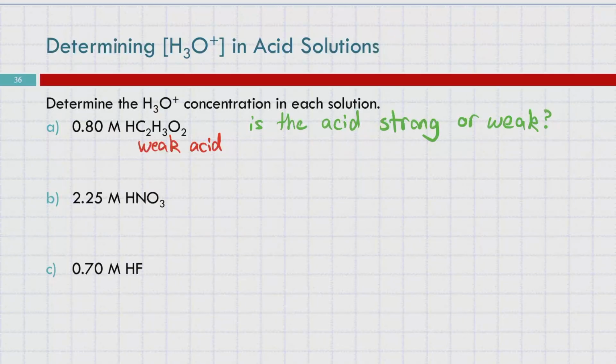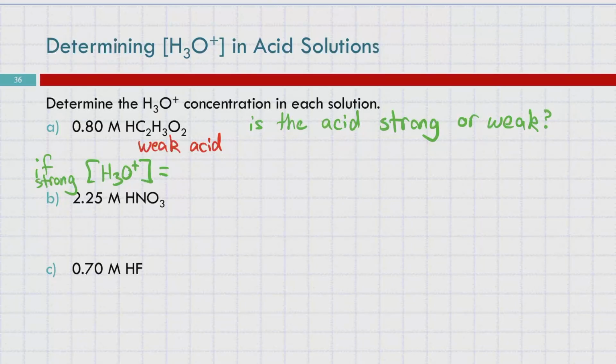What does that mean that it's a weak acid? It partially dissolves in solution. If it completely dissolved, what would be the H plus concentration? How many H's here can go to produce H3O plus?